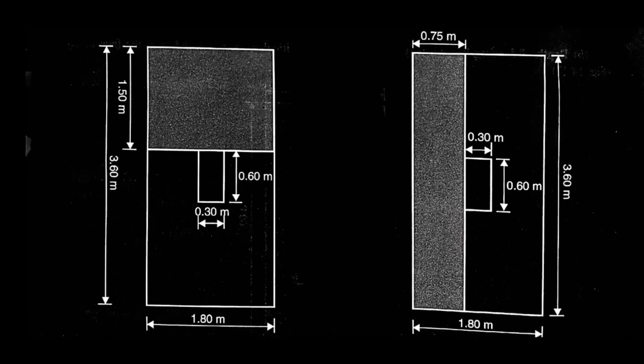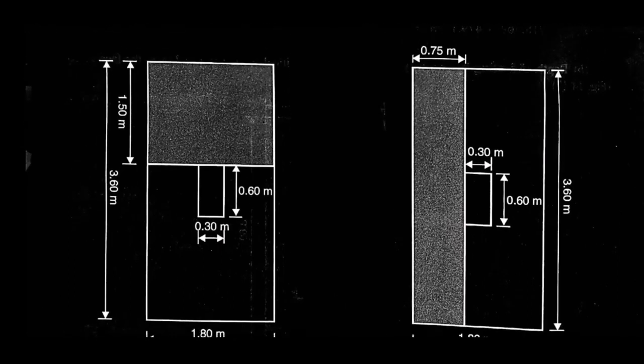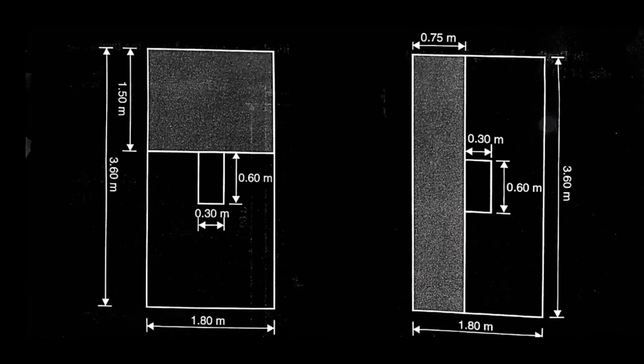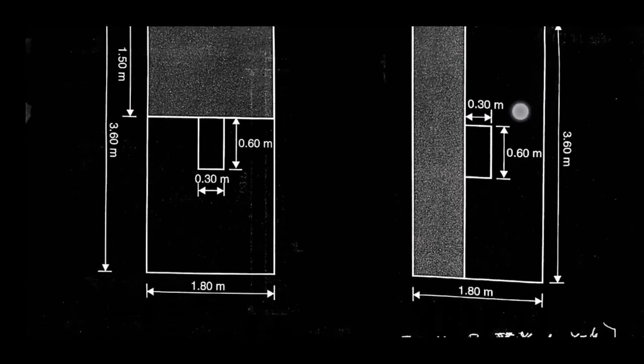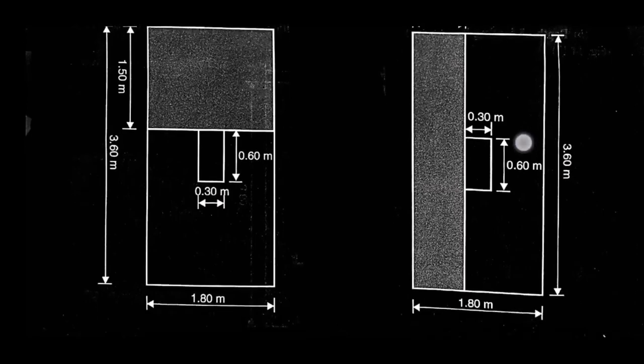And for the right side figure, bending moment along y-axis, the length along x-axis, the shorter direction is x, that means 1.80 minus 0.3 by 2, that is equals to 0.75 meter.